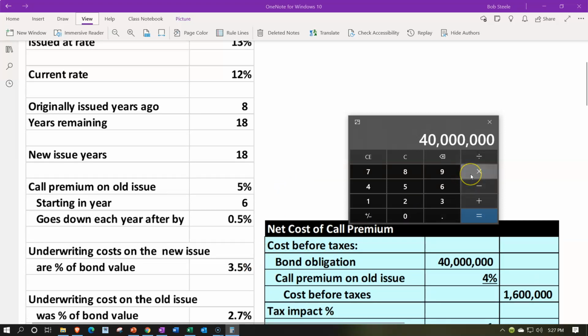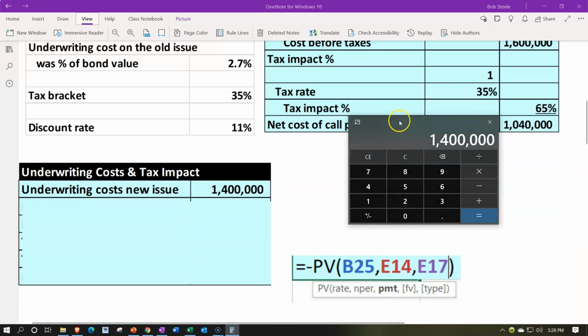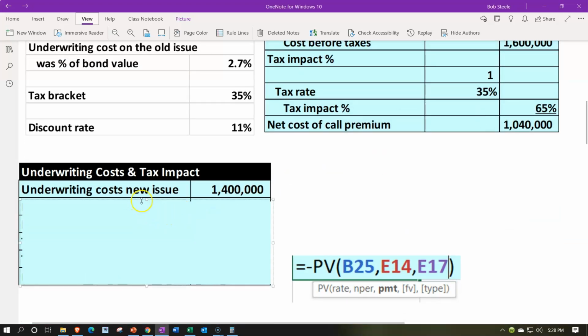So times the 0.035 to get the 1,400,000. Then we have the issue years, so 18. So we're going to have the 18 years because these new costs that we have, this is going to be an outflow, the 1,400,000. That's going to be a cash component in and of itself that we're going to have to pay. We're going to assume they pay up front if we decide to issue the new bonds.